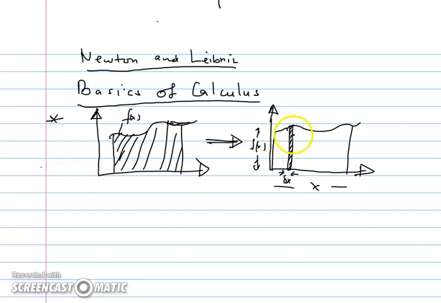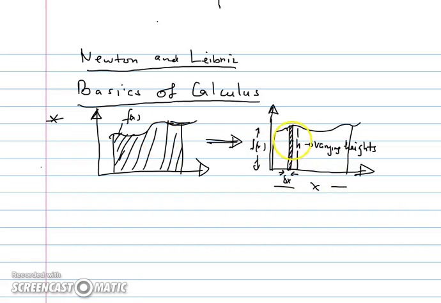So the area under the curve equals the summation of these small areas, and they will be of varying heights, depending on the value of x, where x is.